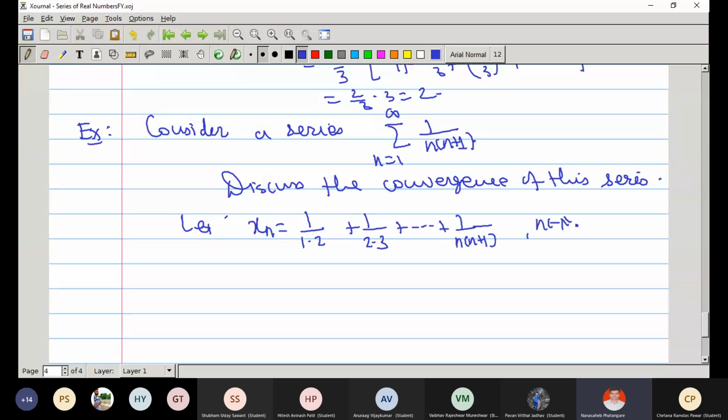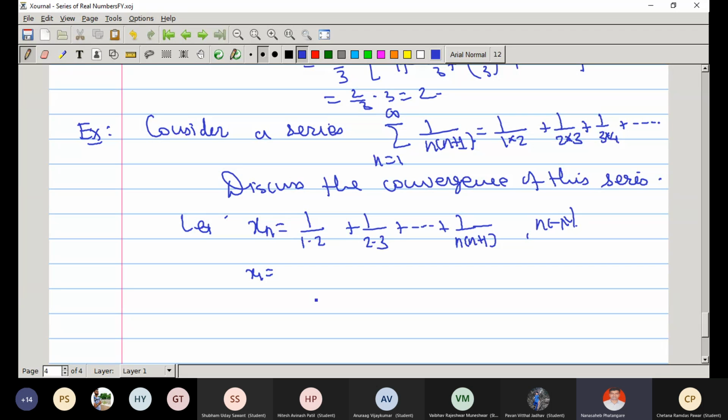What is x1? We add only one term. For n equal to 1 it is 1 into 2, for n equal to 2 it is 1 upon 2 into 3, then 1 upon 3 into 4. This dot is not a decimal point, it is multiplication. Remember this.